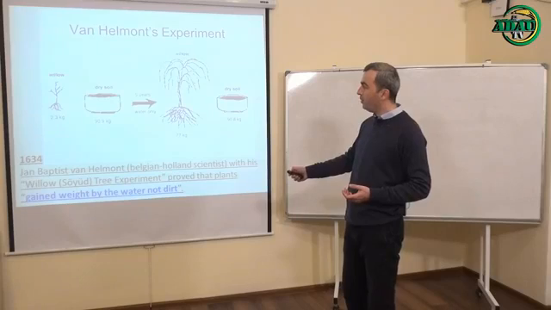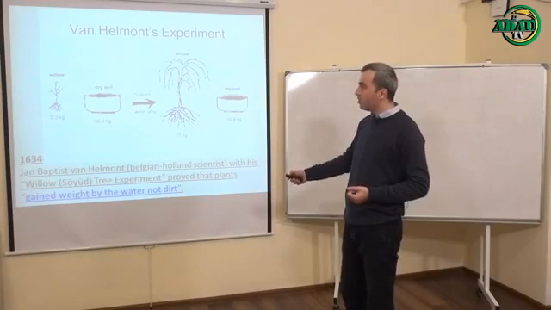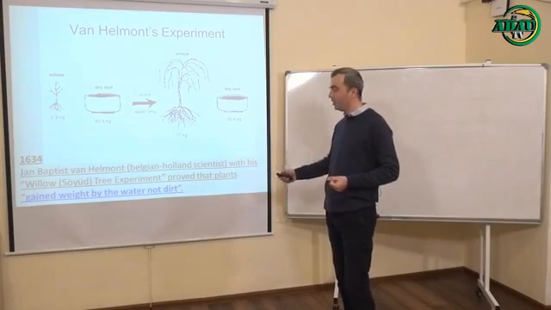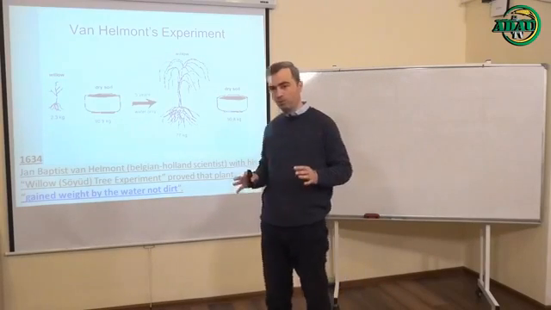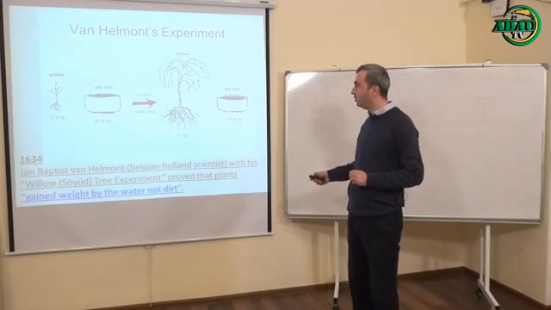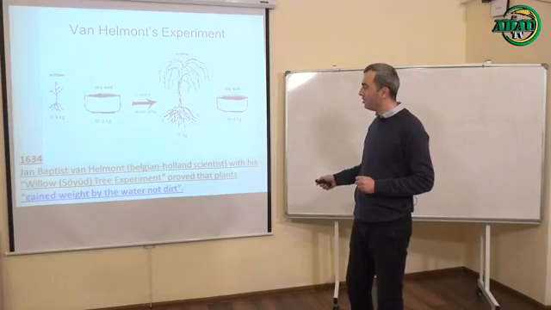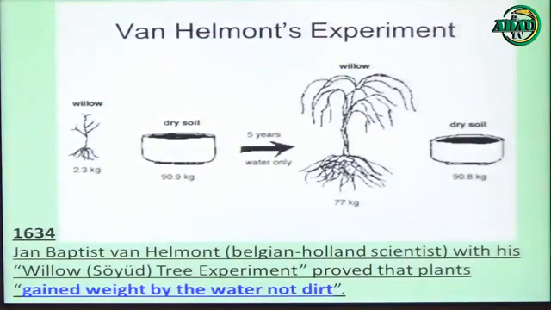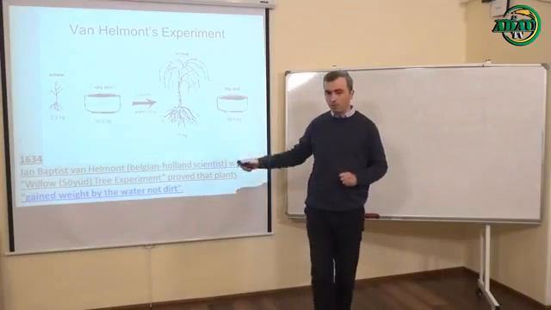During 5 years he just irrigated this soil with the willow tree, and after 5 years, without any additional nutrition provided, his willow tree weighed 77 kilograms, while in the beginning it was only 2.3 kilograms. The dry soil was also measured, but its amount stayed the same. As you can see, 90 kilograms in each case.